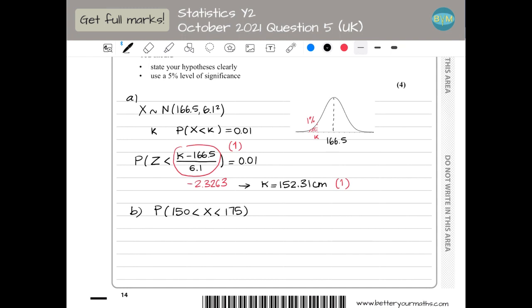So I need this probability because that's the proportion of females. So I can go to the calculator. Lower value is 150, higher value 175, and this is just 0.915. So this is my proportion of females that are between those two heights. You can give the value as a percentage. That would be okay.